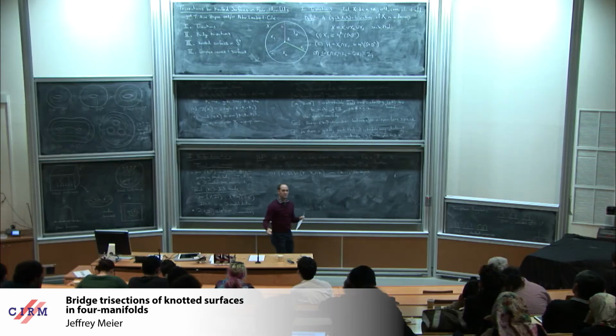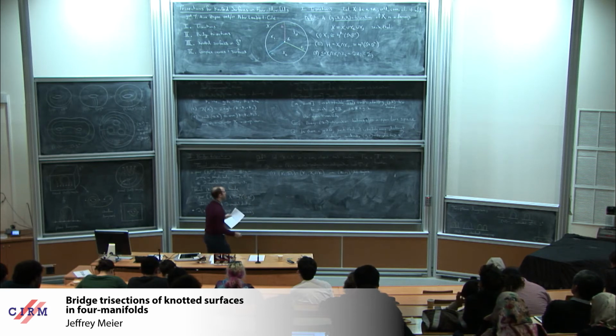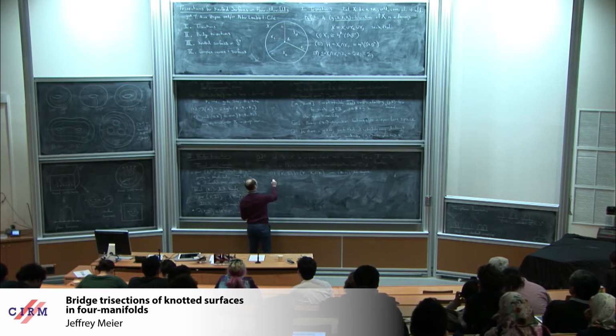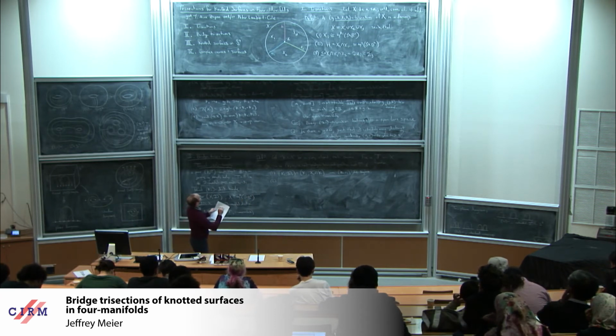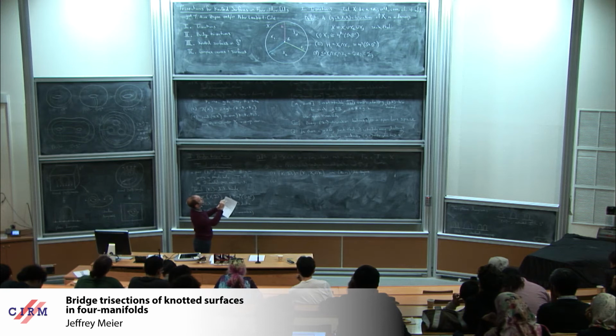I'll probably stop saying trivial from now on, but I mean it. So the first thing we want is for our surface to intersect the four-dimensional pieces in trivial disks.